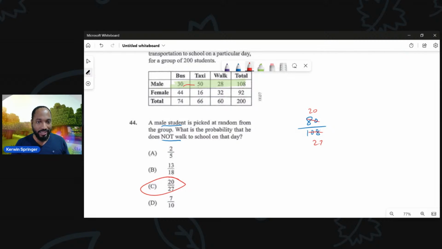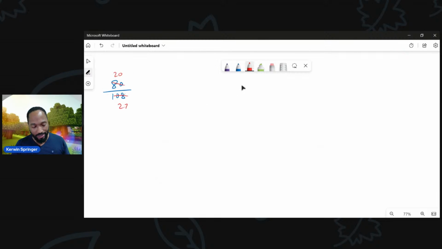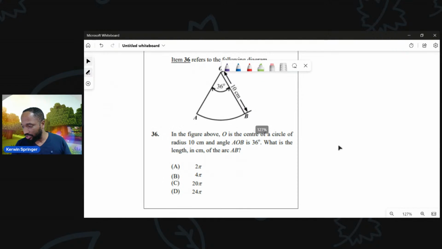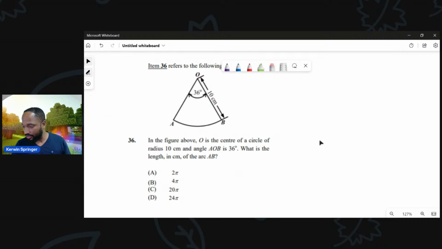All right, let's see what reconnecting has in store for us today. In the figure above, O is the center of the circle. OAB is 36. What is the length in centimeters of the arc AB? The circumference of a circle is 2 pi r.